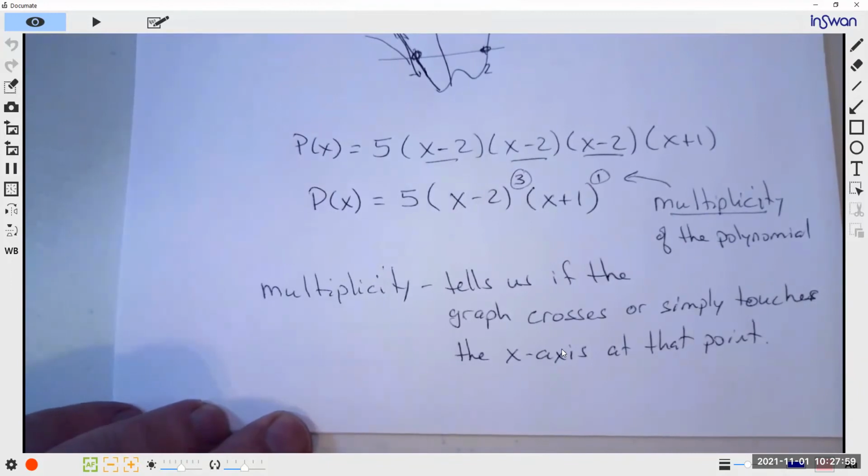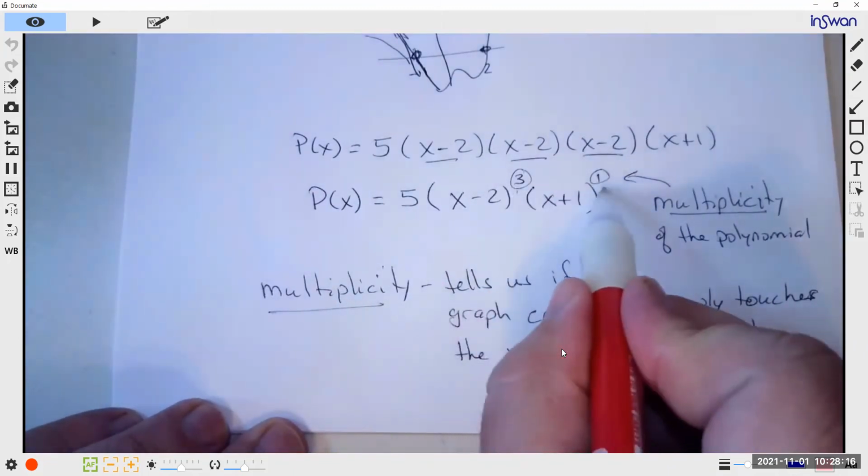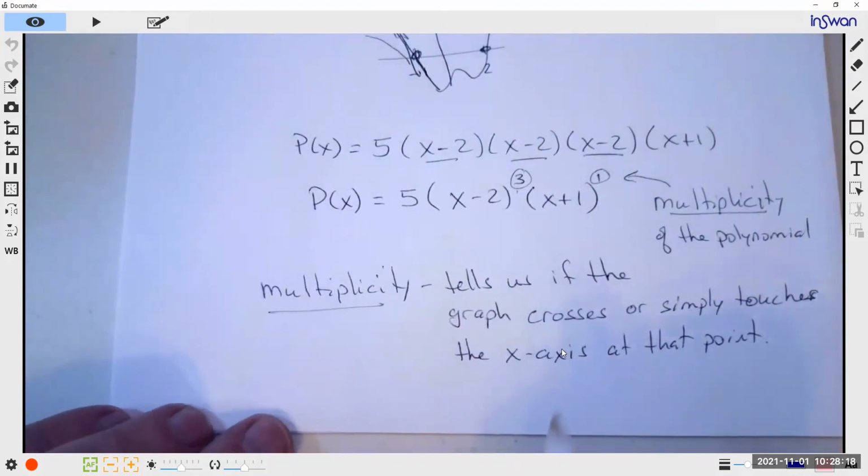So the multiplicity tells us a lot more than just how many times this answer repeats. So the multiplicity, which are the exponents, tells us if the graph crosses or simply touches the x-axis at that point.